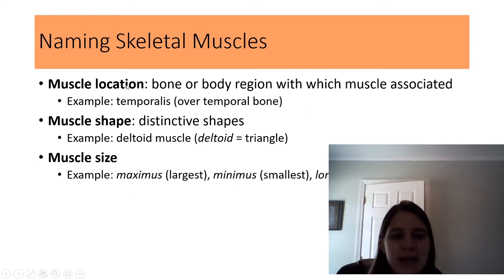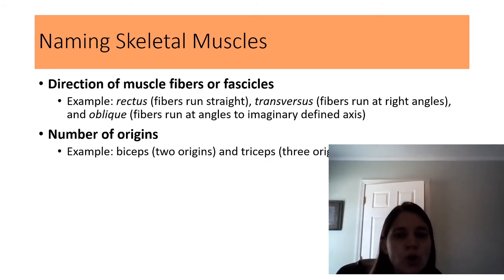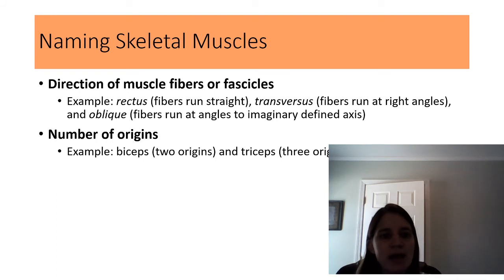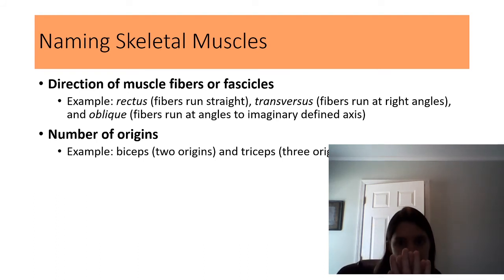They're often named by size. So if you see muscle name maximus, it means big. Minimus, small. And then longus means long, right? You could also name things by how the little muscle fibers are setting themselves up. So some muscle that's called this or that rectus, you're expecting the fibers to run straight.